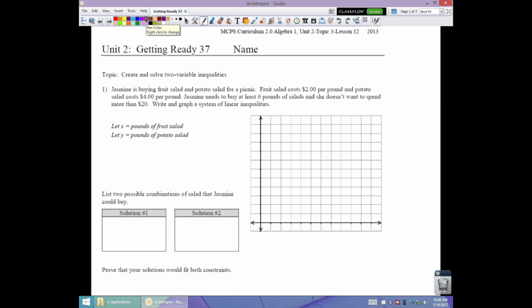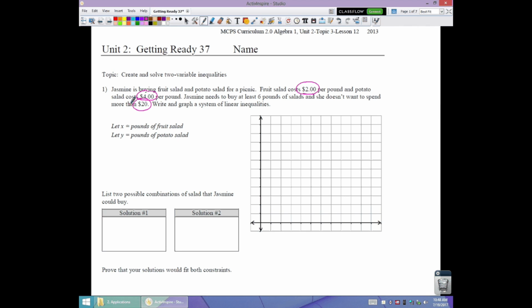As you read through this scenario, when you know you're writing a system of either equations or inequalities, you need to think about what are the two categories of information they're giving me. In this one, they're giving me information about the money, the cost of each type of salad, and how much she is willing to spend.